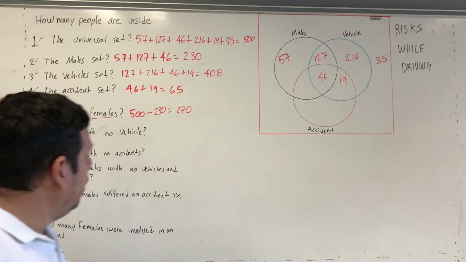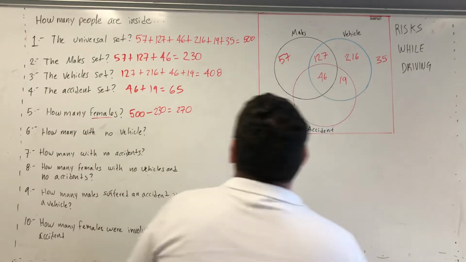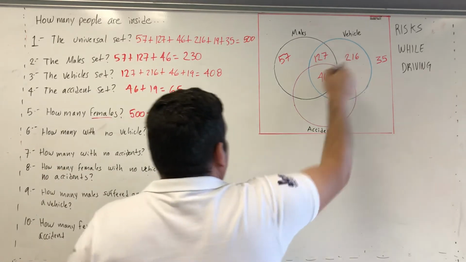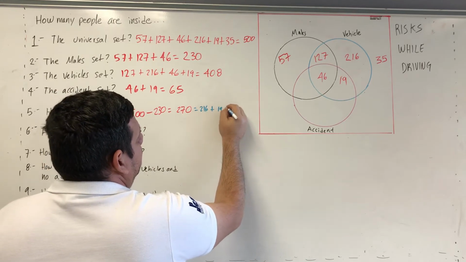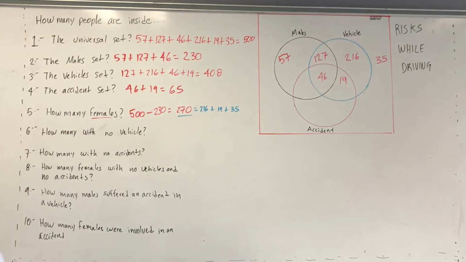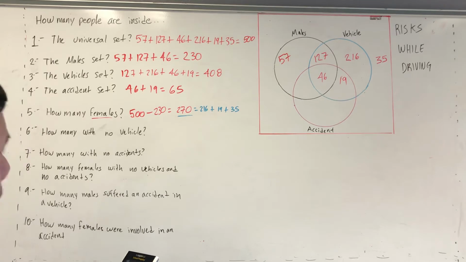In a different color, I will show you that if I add all the values outside, 216 plus 19 plus 35, I get the same thing. If you have your calculator, you can do it. It's 270, exactly the same.